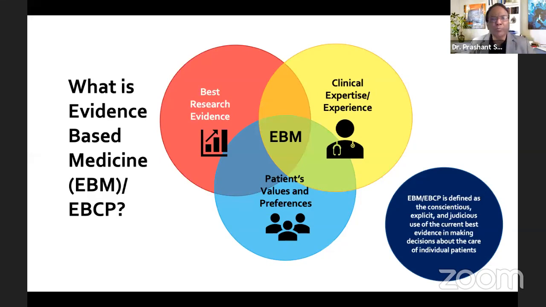Now, the second component is clinical expertise and experience. And why is it important? It is important because there is a lot of variation in clinical decision making. So just think about a patient who has a headache and goes to the primary care physician. The primary care physician may prescribe some painkillers and let him go.